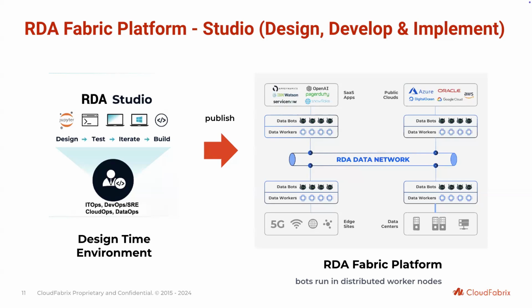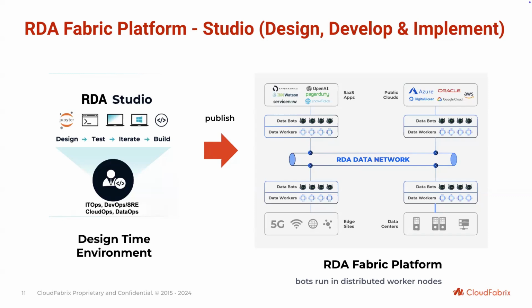As data automation is at the core of the platform, when we automate the data, either some of the capabilities are already validated, certified, and available out of the box as templates, or if we need to build and develop or modify existing pipelines, we use the RDA Studio instance, which connects to our core RDA Fabric platform.